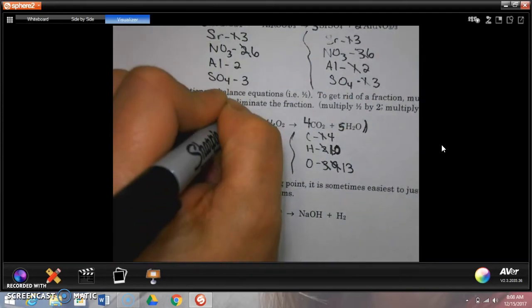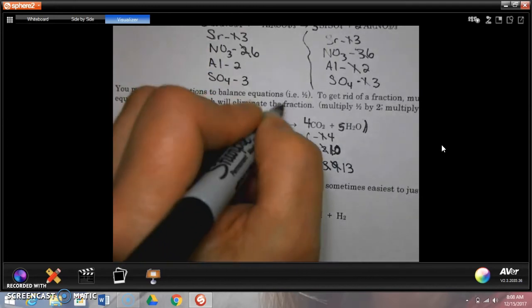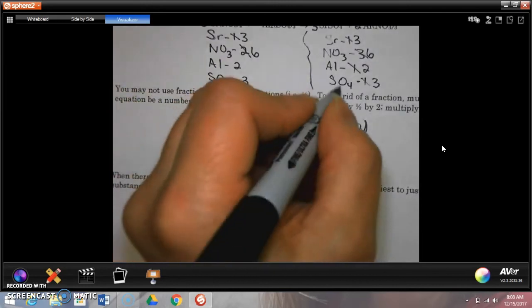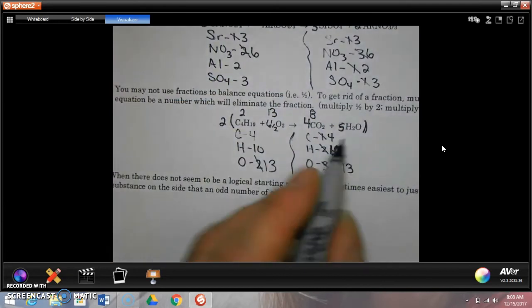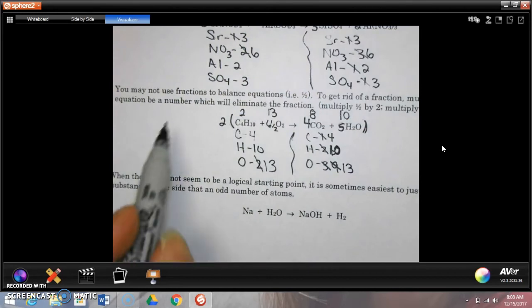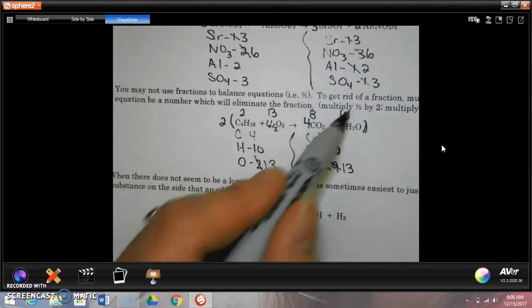So what are my coefficients going to be? 2 C4H10s. 2 times 6.5 is 13 oxygens. 2 times 4 CO2s is 8 CO2s. And 2 times 5 waters is now 10 waters. So my true coefficients should be 2, 13, 8, and 10.